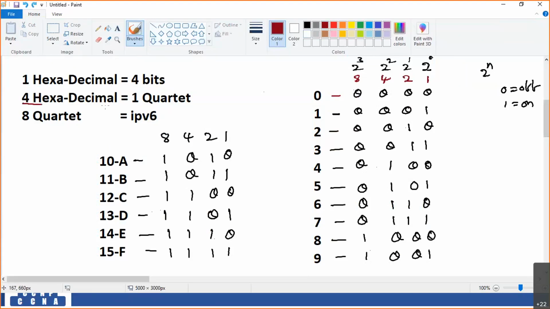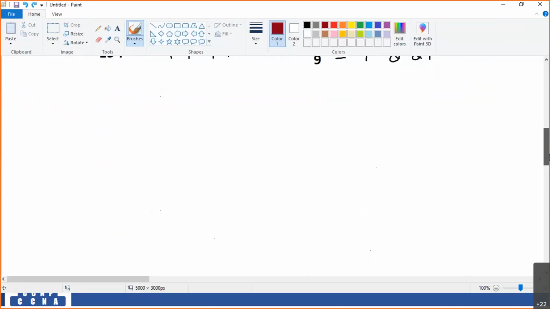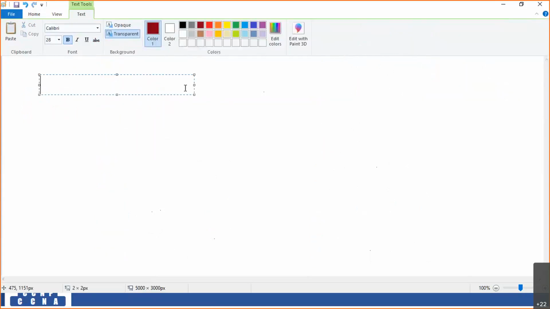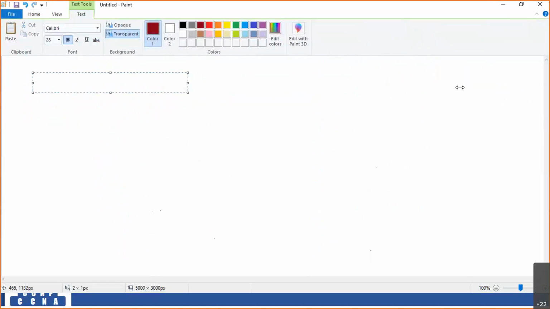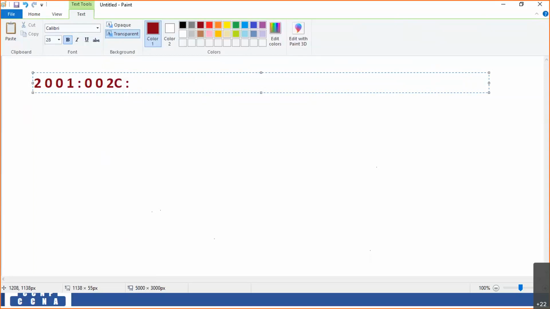Now the second statement: 4 hexadecimal numbers make 1 quartet. Let me write an example of IPv6 here. 2001, here 4 hexadecimal digits, so we call this 1 quartet. Each and every quartet is separated by a colon. Next quartet, I'm writing some numbers, 002C colon, then all zeros.